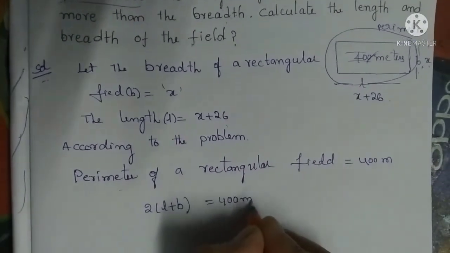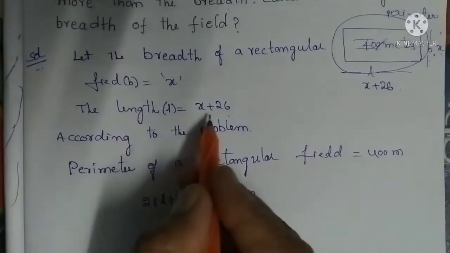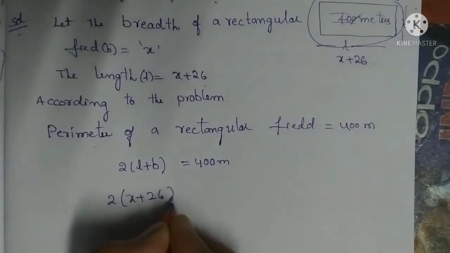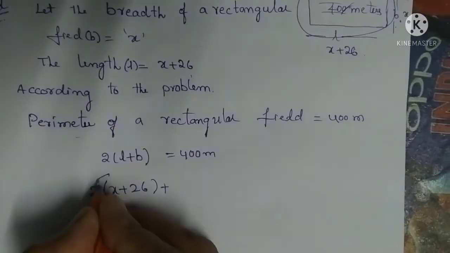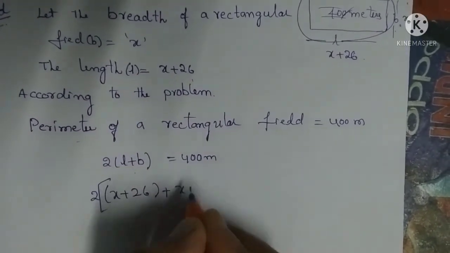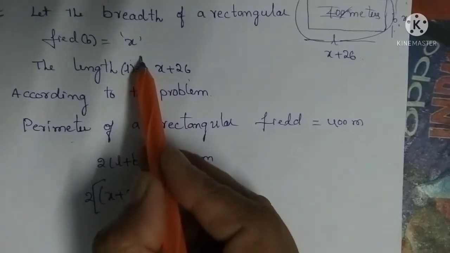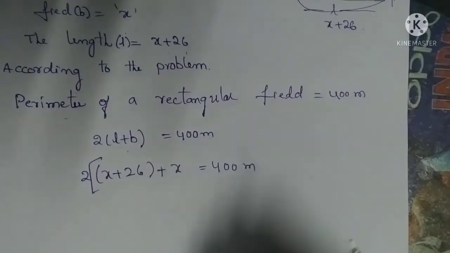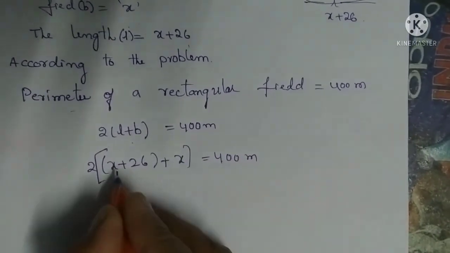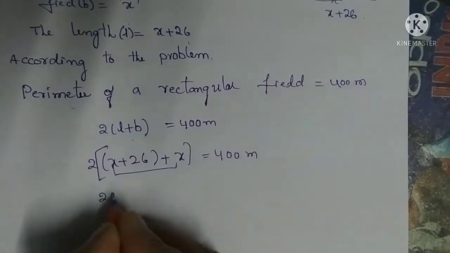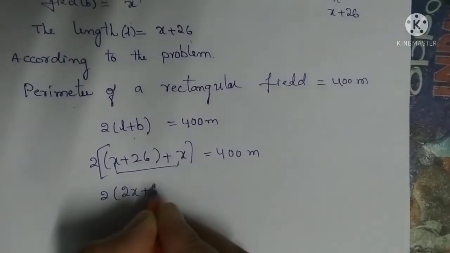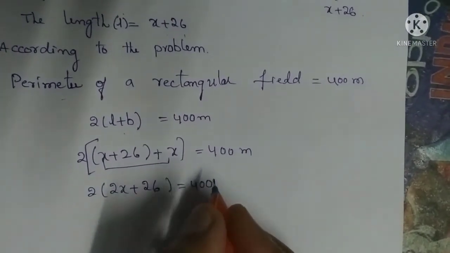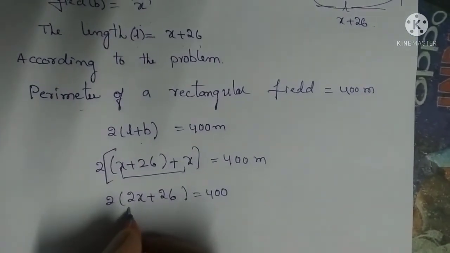So here, what is the L? L is x plus 26, so 2 into (x plus 26 plus B). What is the B? B means breadth, which is x, equal to 400 meters. So x plus x gives 2x, so 2 into (2x plus 26) is equal to 400.